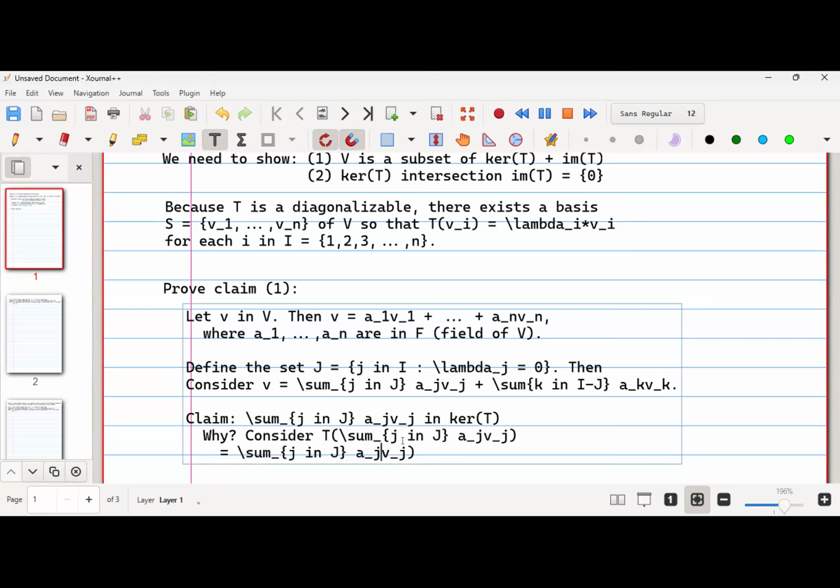So by linearity of T, and now, as John said, we can apply, this is just lambda j, but because j is in J, this is just 0 times v_j, right?